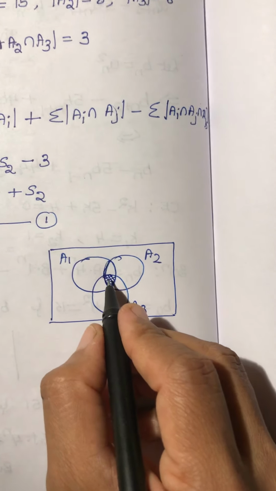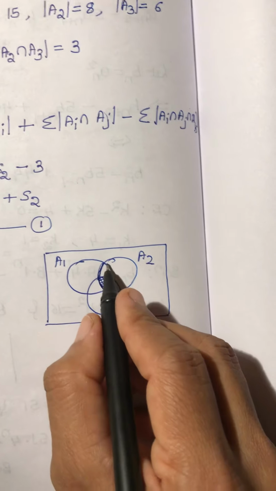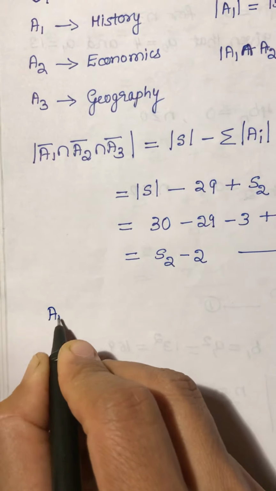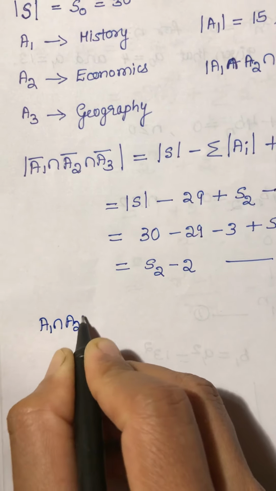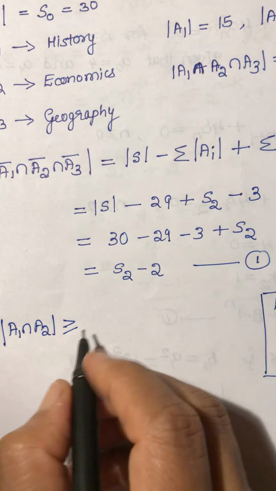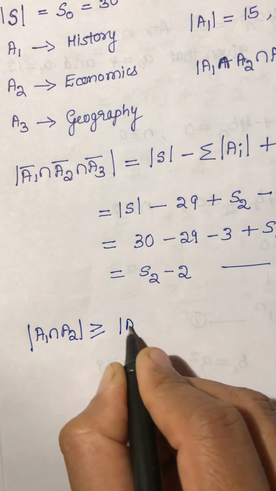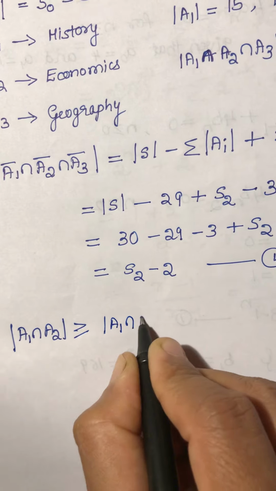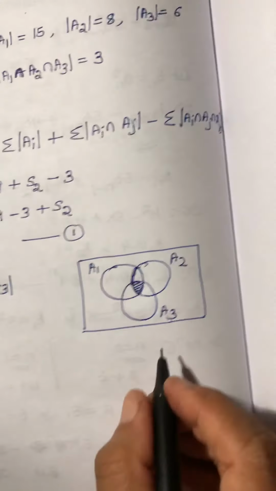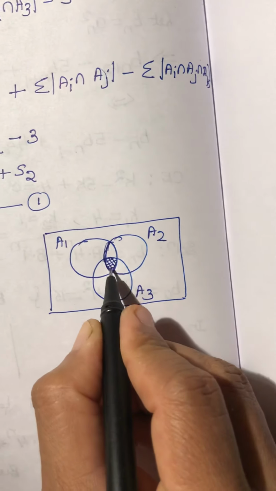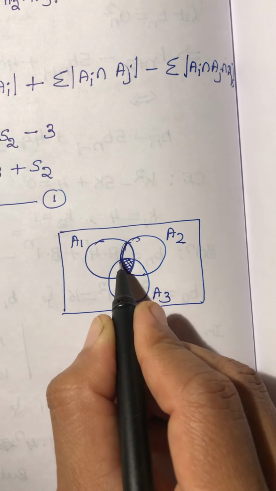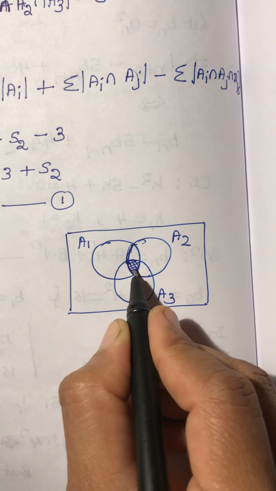Which set will have more elements? Of course, A1 intersection A2. So we know that A1 intersection A2 will contain more elements. That means the number of elements in this set is greater than or equal to the number of elements in A1 intersection A2 intersection A3. Similarly, A2 intersection A3 will have more elements than the intersection of all the three.